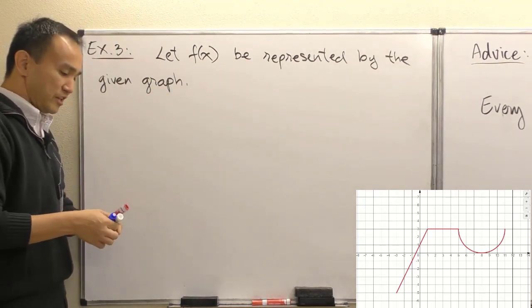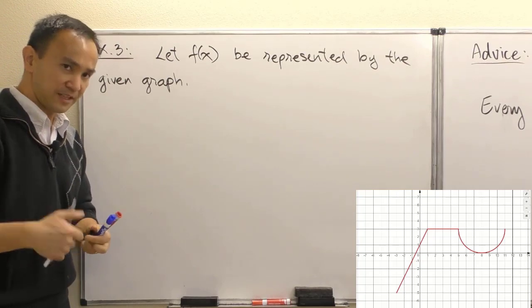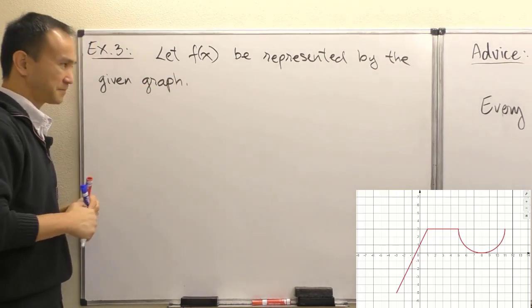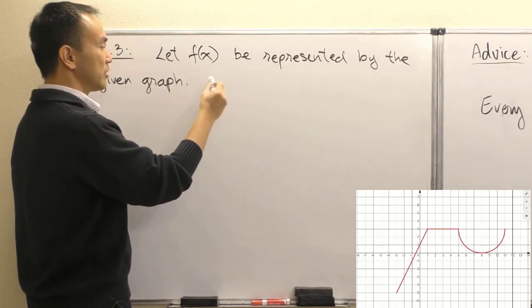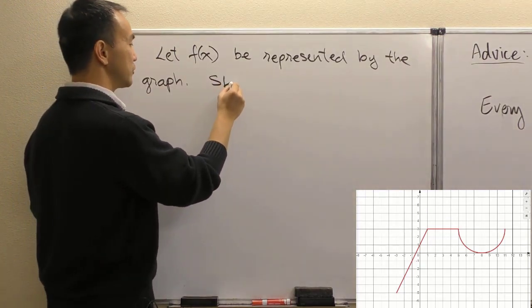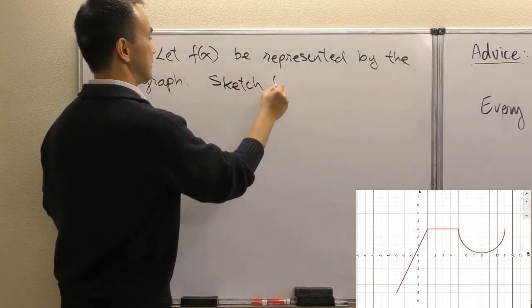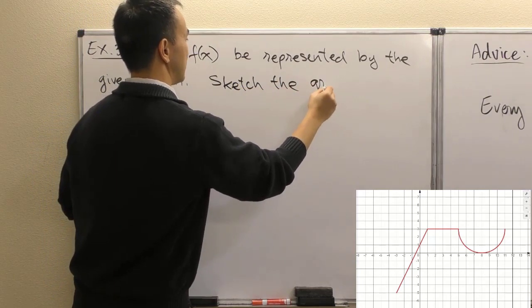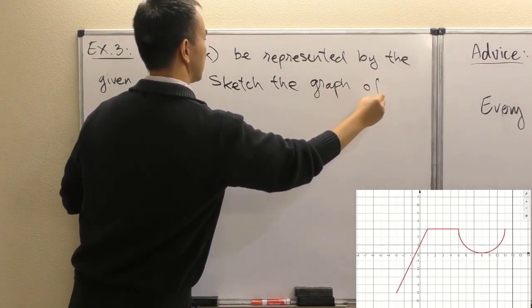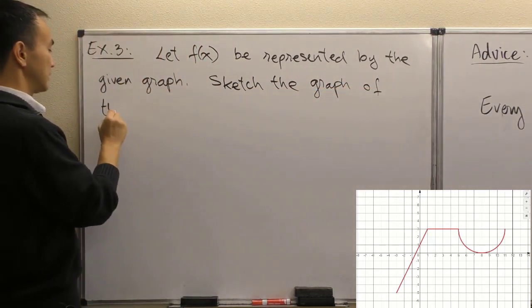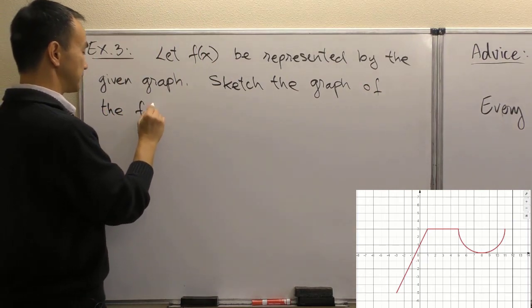Okay, and so now from that given graph that represents this function f of x, we're asked to sketch the graph of the following function.